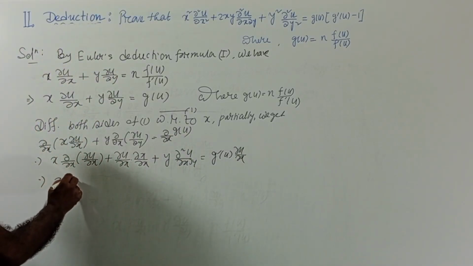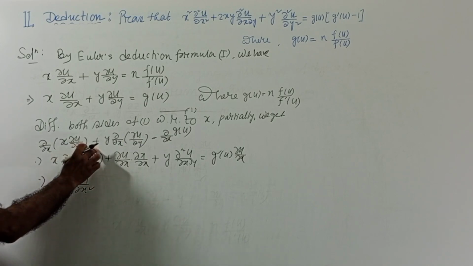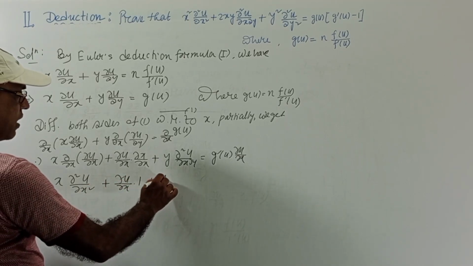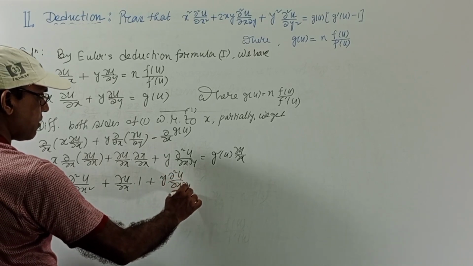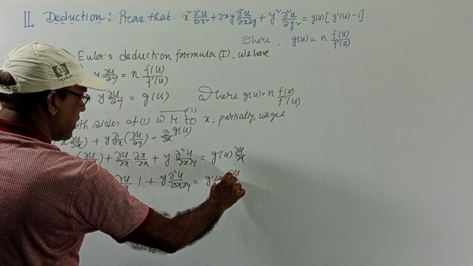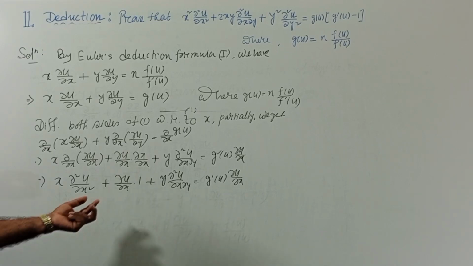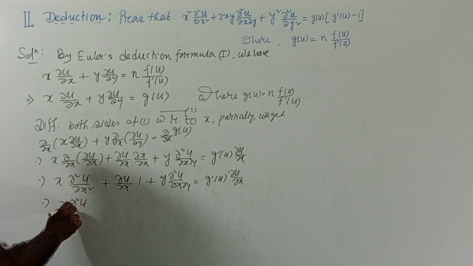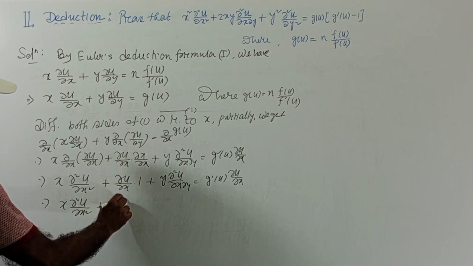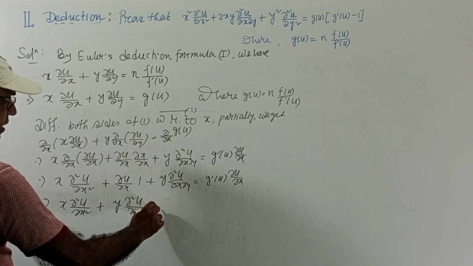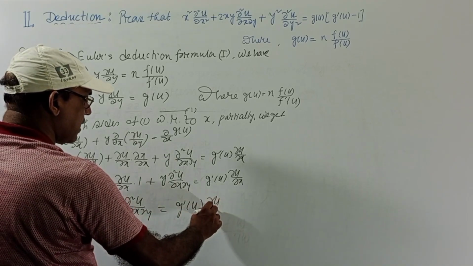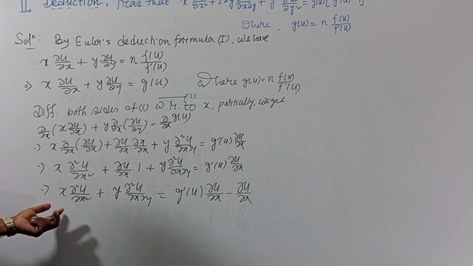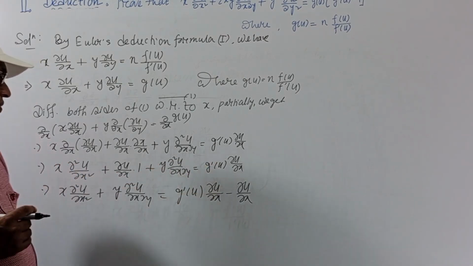Now this implies x del square u del x square plus del u del x, plus y del square u del x del y equal to g dash u del u del x. Taking this del u del x to the right hand side, we get x del square u del x square plus y del square u del x del y equal to g dash u del u del x minus del u del x.